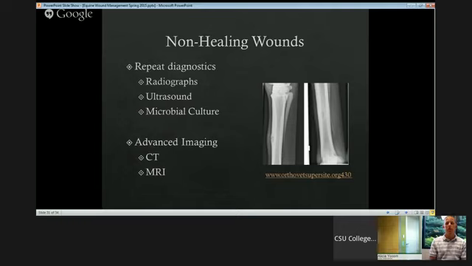Some fractures may not show up for weeks after the original injury, so repeating radiographs to try to find those structures can be extremely useful. And then certainly repeating cultures if the lameness is not improving or the infection does not appear to be improving despite antibiotics. And you can use advanced imaging to see further detail, and there are so many structures involved, so those can be extremely helpful too.